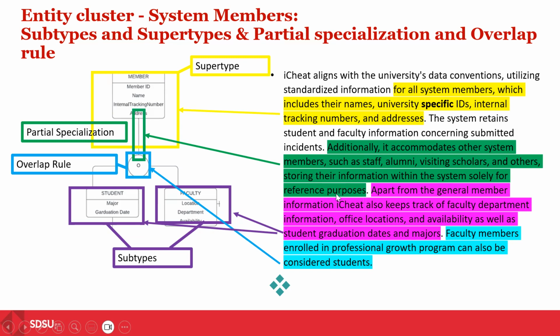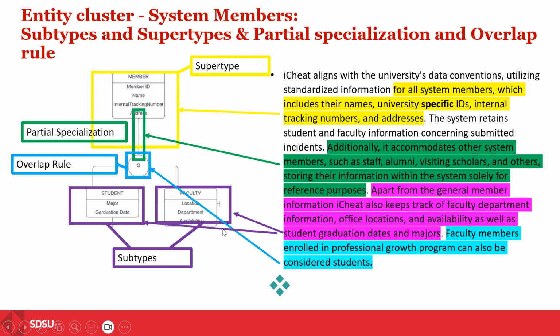That means that those members are not part of our model. We don't have enough information about them. However, we still store information about them. Student and faculty are subtypes, and how do we know that from this purple prompt?